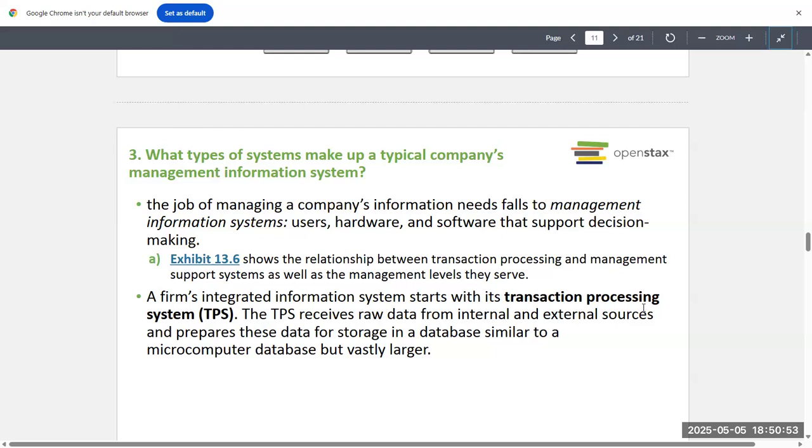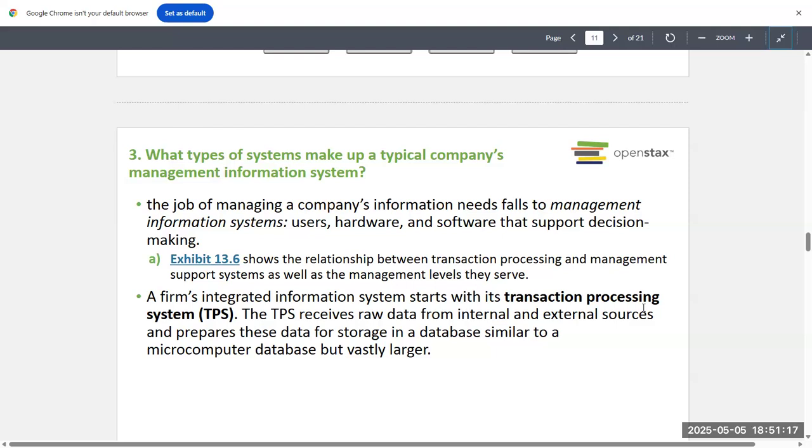So the foundation of the MIS is the transaction processing system. This system is responsible for handling day-to-day transactions like processing sales, orders, payments, or employee records. The TPS collects data from both internal and external sources and organizes that data into a database that can be used for further analytics.